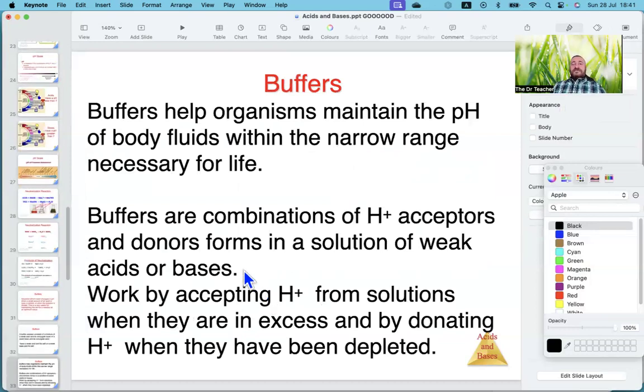Buffers help organisms maintain the pH of body fluids within the narrow range necessary for life.